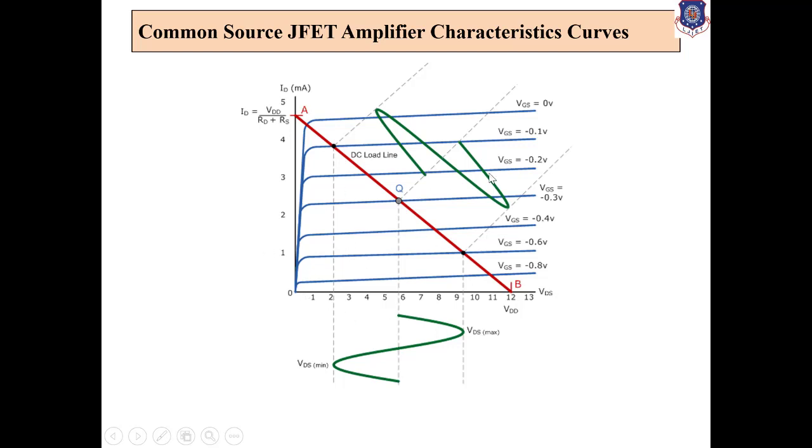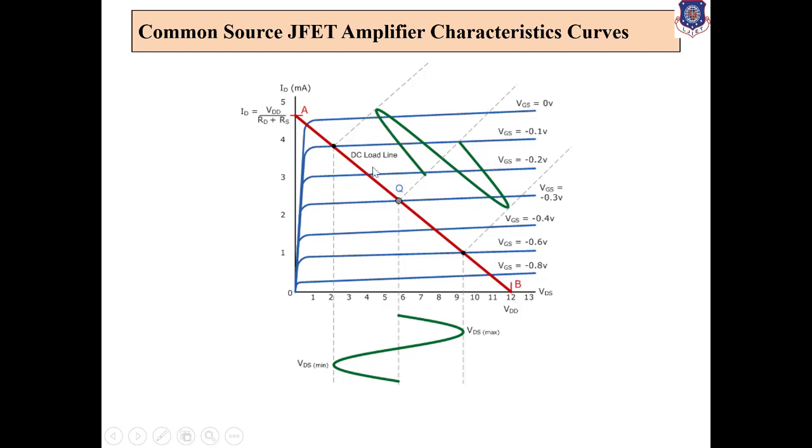The only new thing is that a DC load line is drawn. I have assumed one point on the VDS axis when ID equals 0, and the second point on the ID axis, where VDS equals 0, and the connecting line of these two points is known as the DC load line.